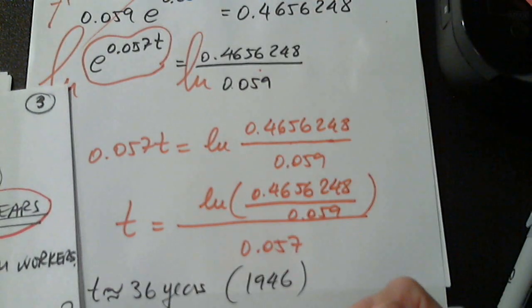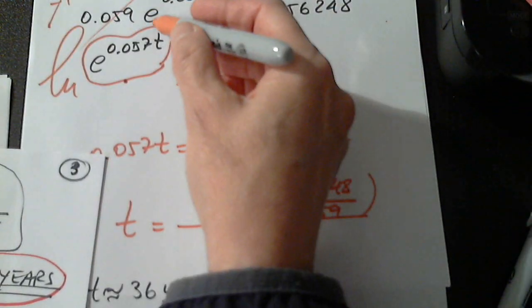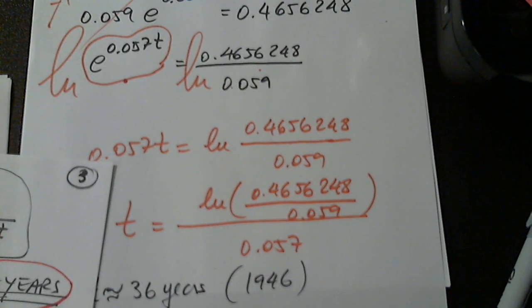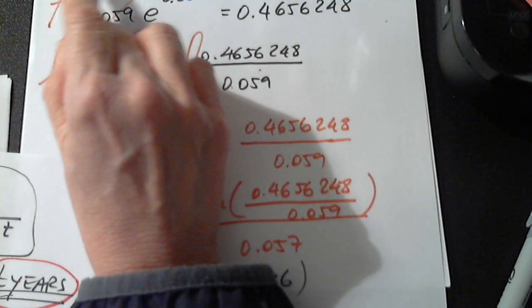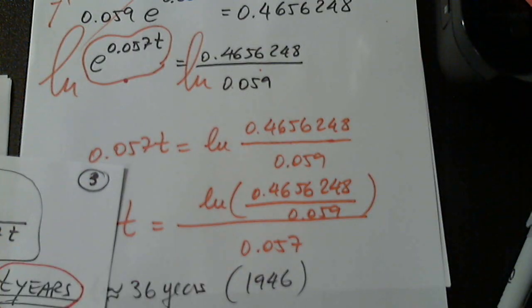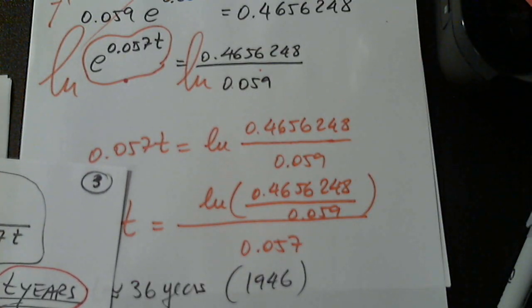Then we peeled this. And we stripped it to the bone. Because only when I strip it to the bone to e to whatever, then I can apply natural log safely. At any other stage, I will have to do more work. So that's why we have to clean it up to the bone. And then I can apply natural log. Is that better? Yes, thank you.